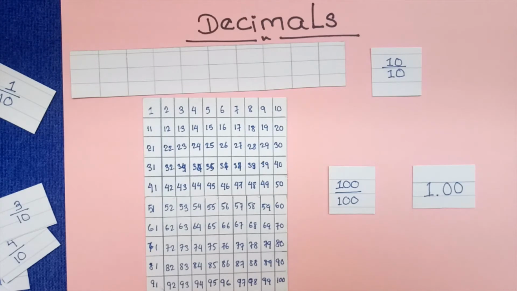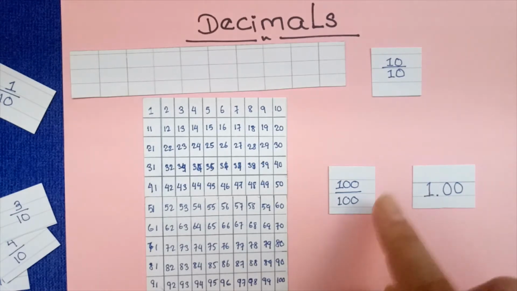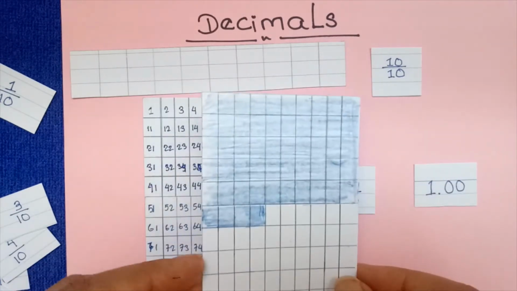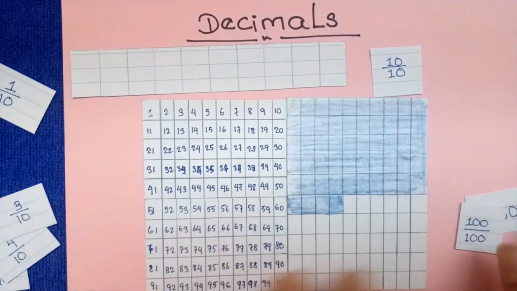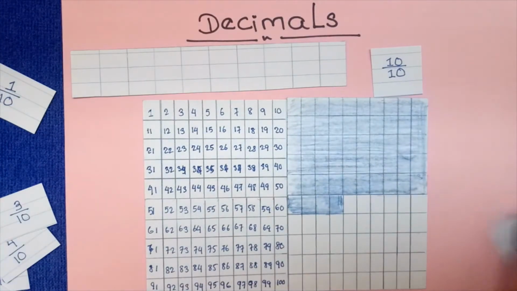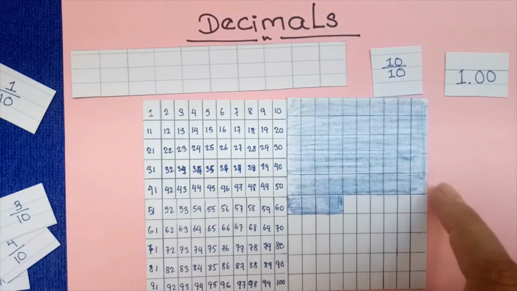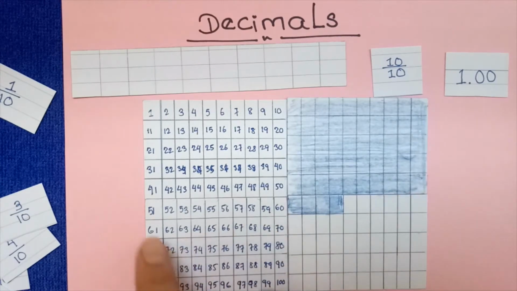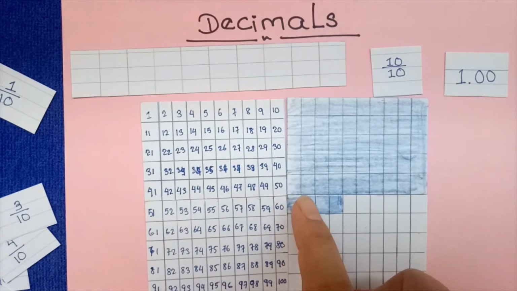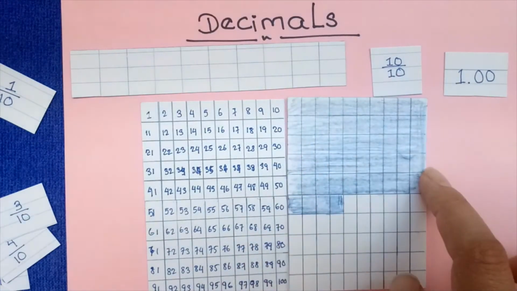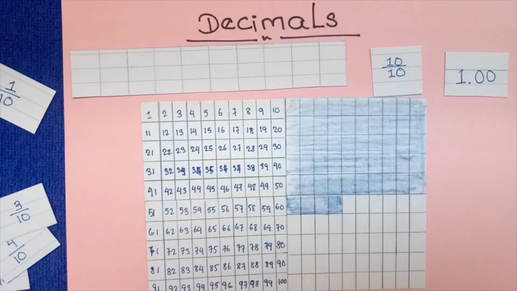So if I color here, you can see it is the same as 50, right? And then 1, 2, 3, 4. So you can count 54.